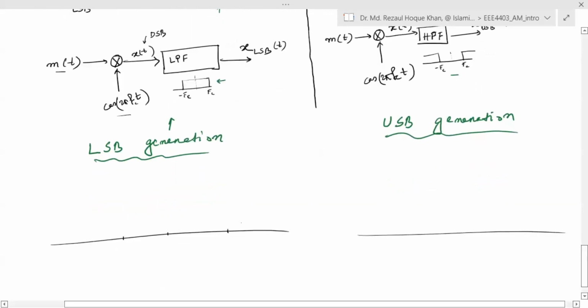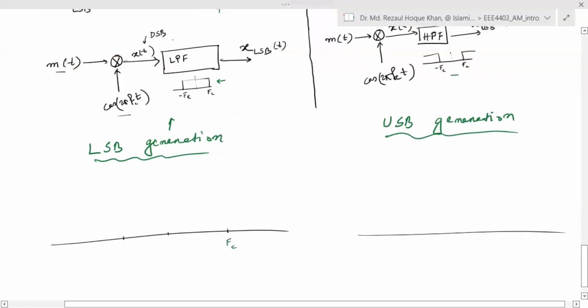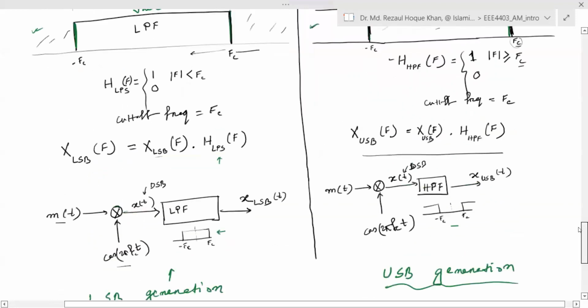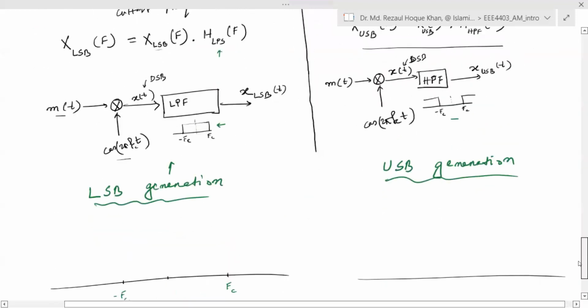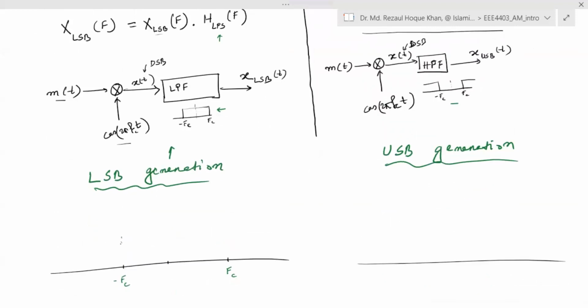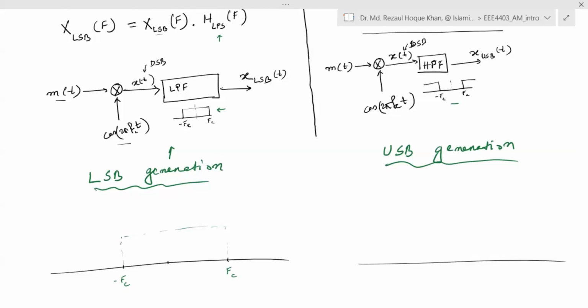I'm trying to draw this ideal low pass filter here. So this was our ideal low pass filter, which has a very sharp cutoff. Here it has a unit value between or below FC.